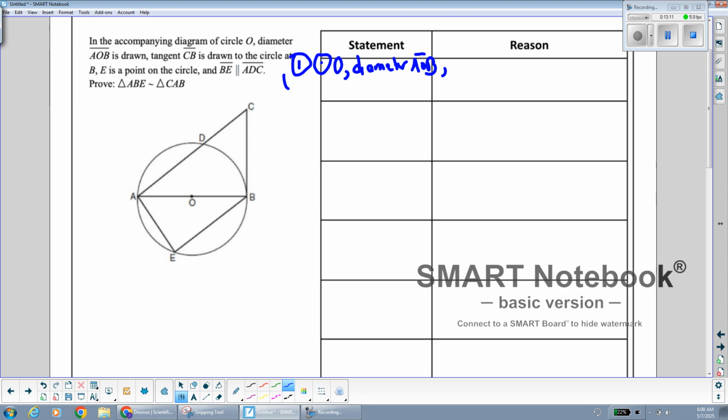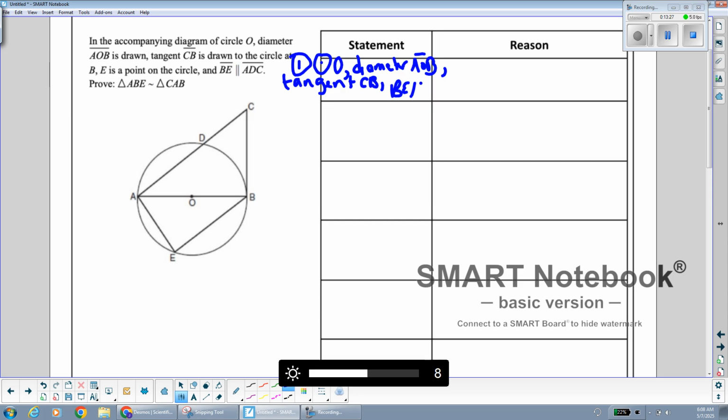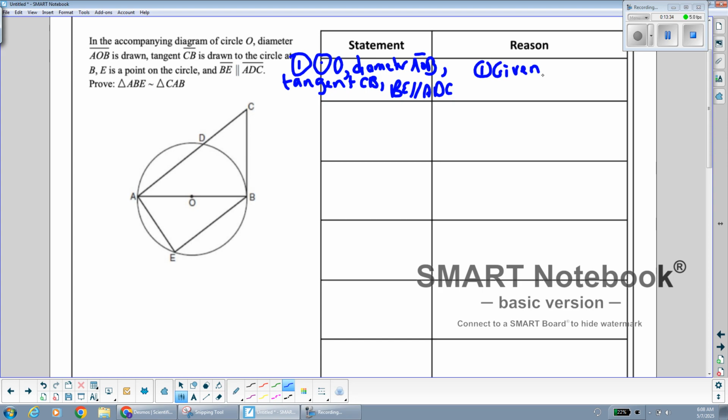We do need that we have tangent CB. So I don't need to write every single word, but I do need all the information. And on the Regents exam, they will take off points if you don't have all your givens. And BE is parallel to ABC. And those are my givens.